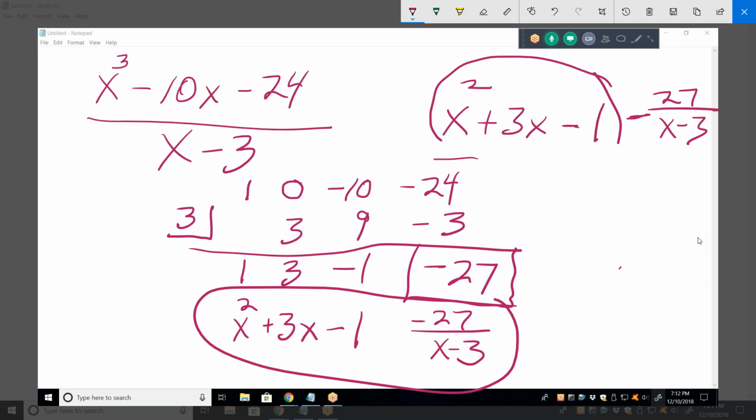Only we're doing addition at every step, addition and multiplication instead of division and subtraction. And addition and multiplication is a whole lot easier than division and subtraction. So if you can do these things synthetically, it's worth doing it.